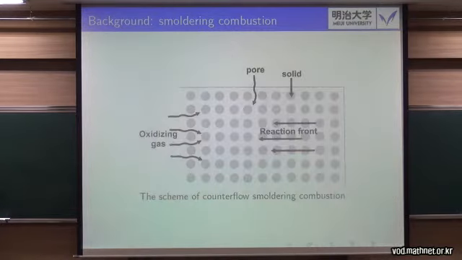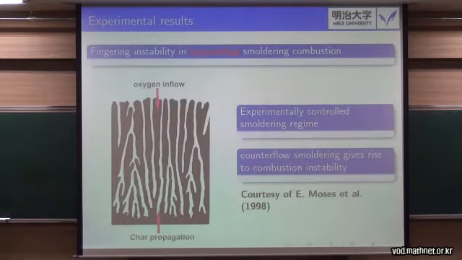But in this setting, the flow of oxygen is controlled. Also, the setup used in this experiment is such that natural convection is eliminated, so that we don't have any effect coming from the vertical direction of flow.